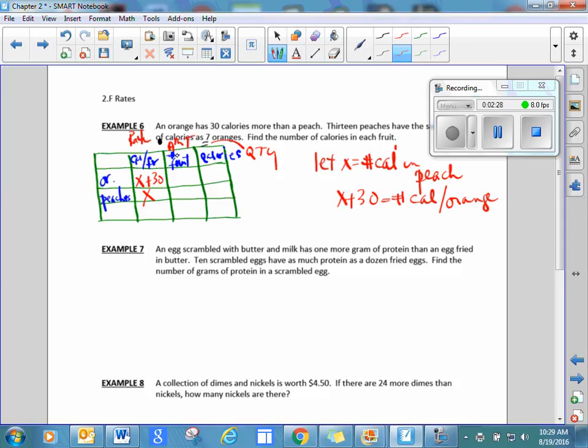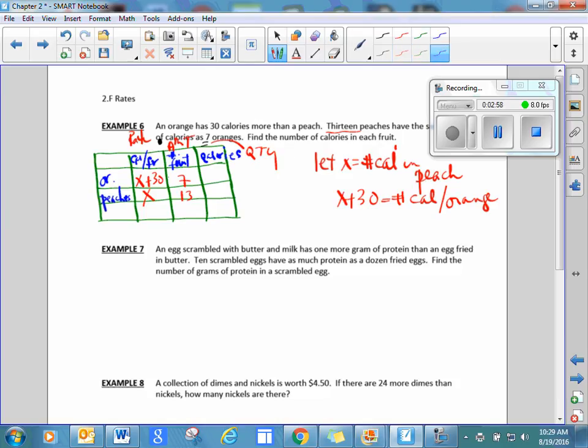Now we go back, and this is the number of calories in a fruit, the amount of calories in a fruit. So, no, this is how many fruit there are. So there's 7 oranges, 7 pieces of fruit that are oranges, and there are 13 pieces of fruit that are peaches. Now we're going to just do our multiplication straight across.